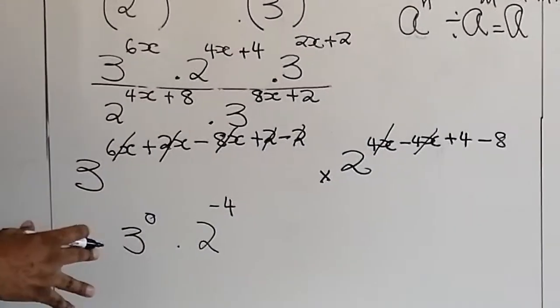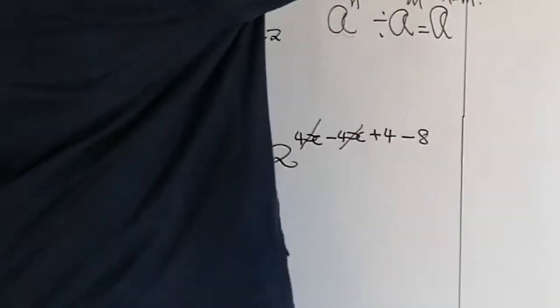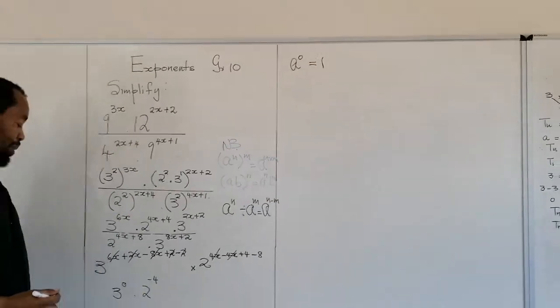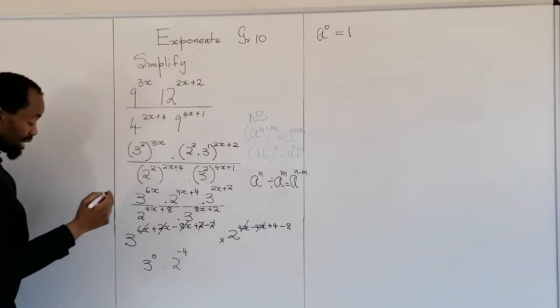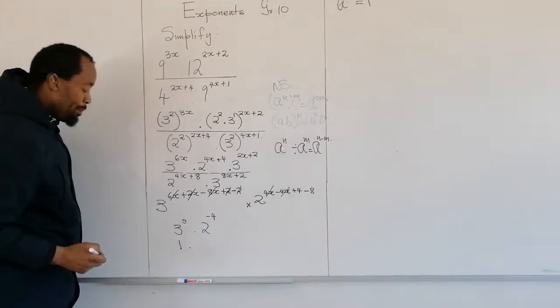Now, remember here the fact that a to power 0 is 1. Any number to power 0 is 1. That means that 3 to power 0 is 1.